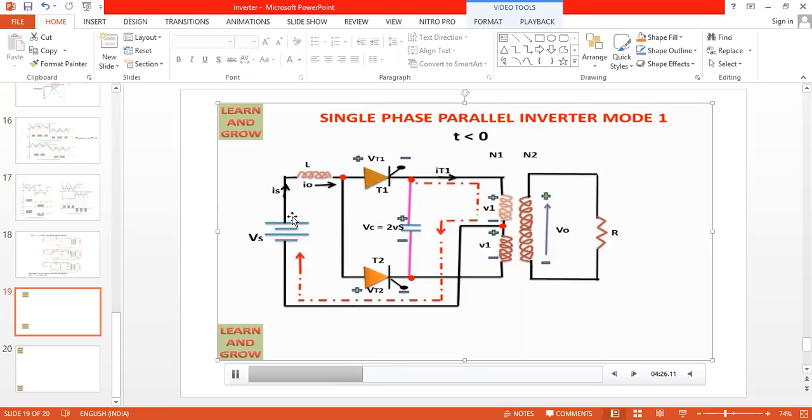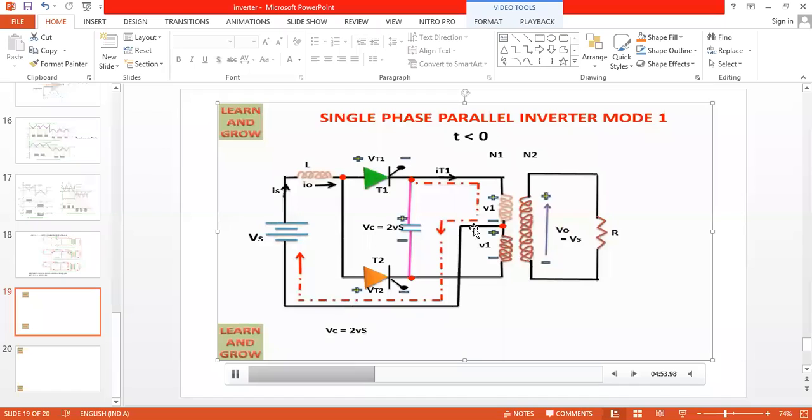Current starts from Vs plus to the inductor, from the inductor to the SCR, from the SCR to the upper winding U1, and then from U1 to the common point to Vs minus. Current always travels from high energy level to low energy level. During this process, the capacitor is already charged to twice the source voltage, as you can see here with the polarity.